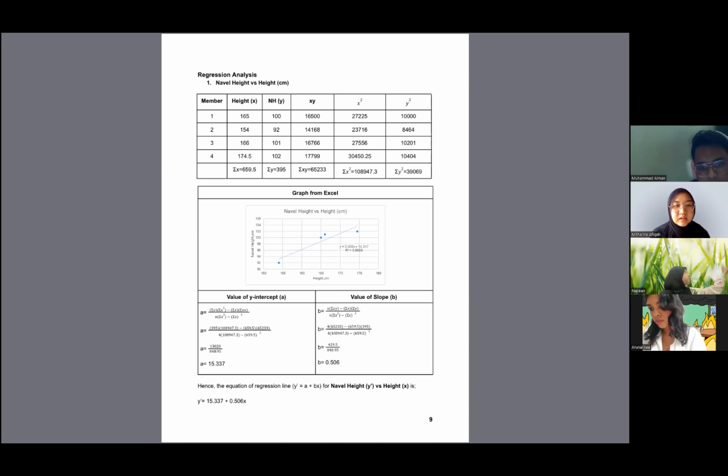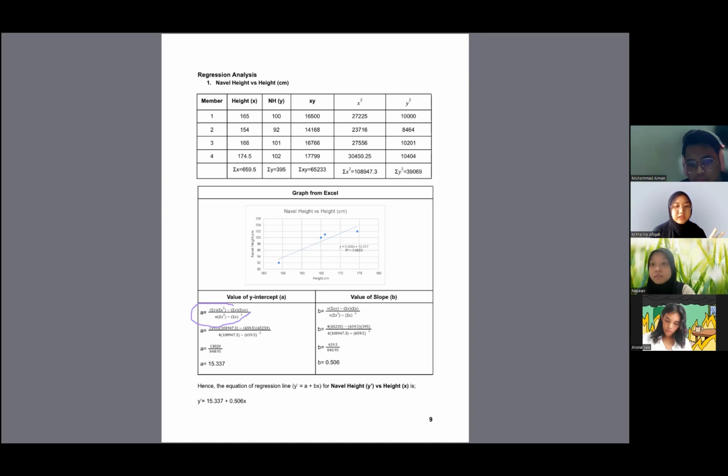Firstly, we need to find the values of X, Y, XY, X squared, and Y squared, and then sum up all of these values. After that, we need to find the y-intercept, which is A, and the value of the slope, which is B. The equation is here.